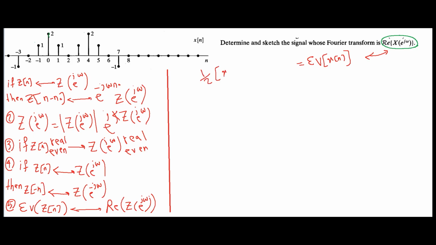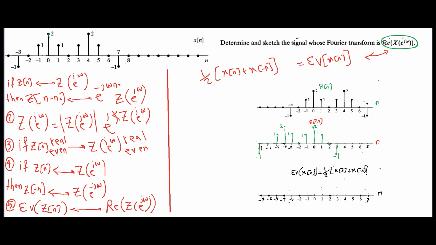The even part of any signal is defined as 1/2 times x[n] plus x[minus n]. Since we already know both x[n] and x[minus n], we can easily compute this.